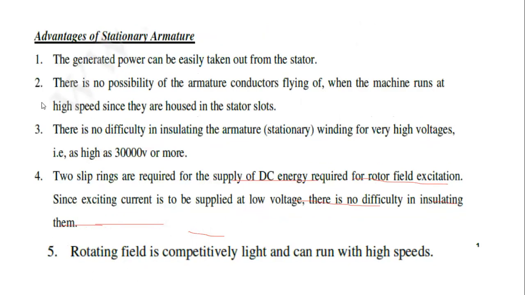What are the advantages of a stationary armature or stationary conductor? The generated power can be easily taken out of the stator. There is no possibility of the armature conductors flying off when the machine runs at a high speed, since they are housed in the stator slots.